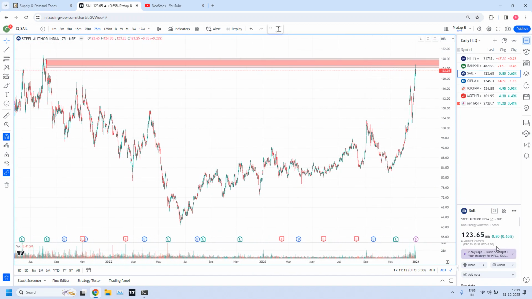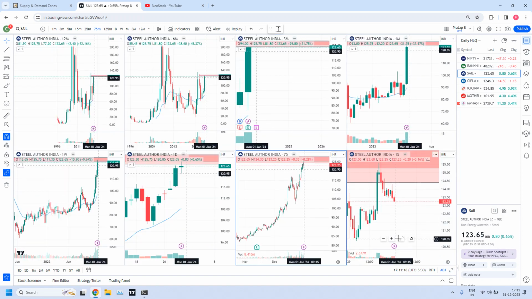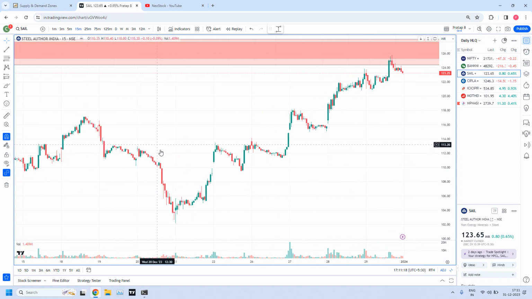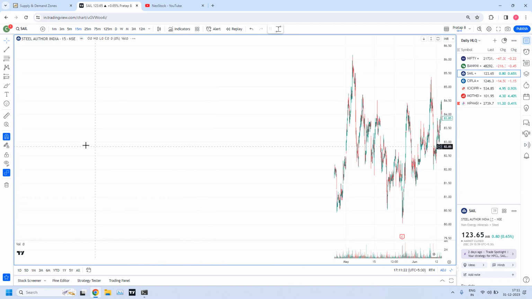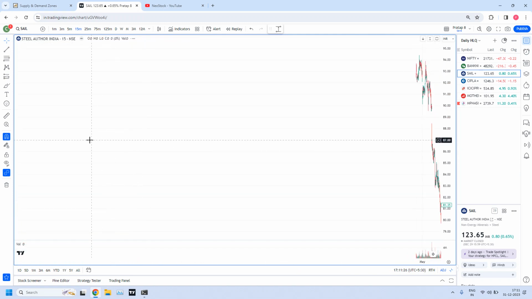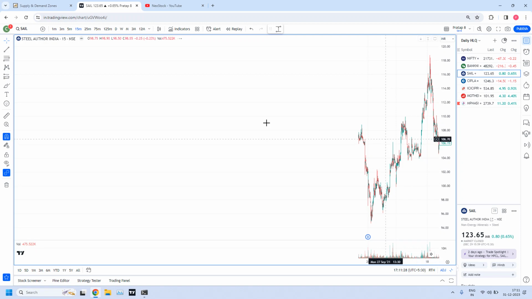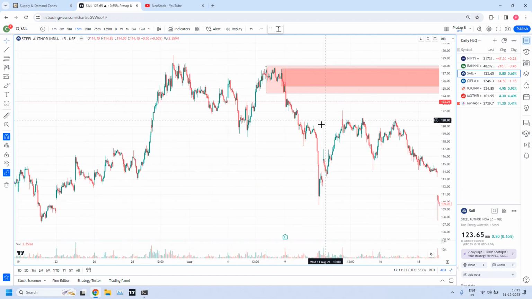Let me show you why we avoided this trade. So this is the 15 minutes time frame. So let us look into the zone. Please look into this zone.